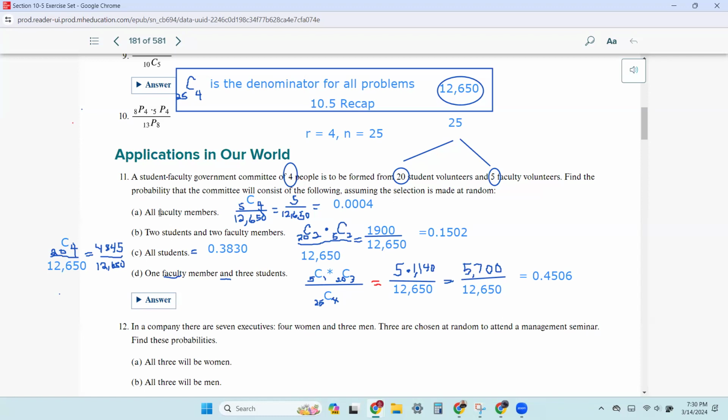Okay, so any questions about that problem? No. Okay. It's all coming together, all making more sense. All right, good. Like I said, 10.5 is where it starts getting tough. It'll get easier with chapter 11 generally, but 11 is usually the toughest chapter for most folks.